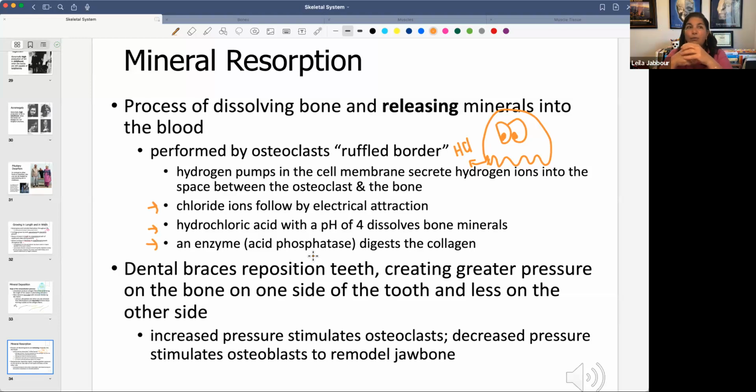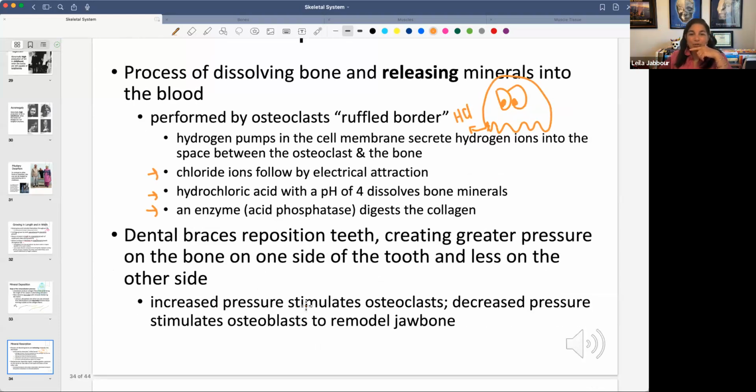Or bricklayers, they have very, very thick antebrachium bones. So anytime you use your bones, they become thicker and stronger. So weight-bearing exercise is very good for the skeleton because it strengthens your skeleton.